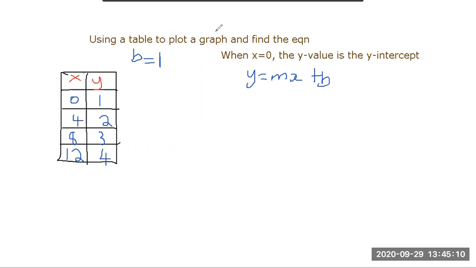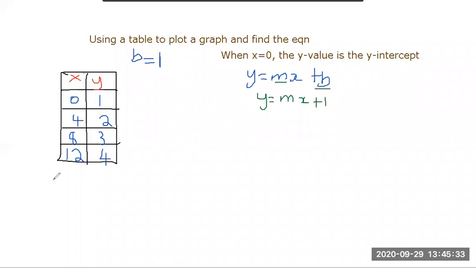We already said that b is 1, so now we just need to find what m is. We're really just trying to find slope. Y equals mx plus 1.